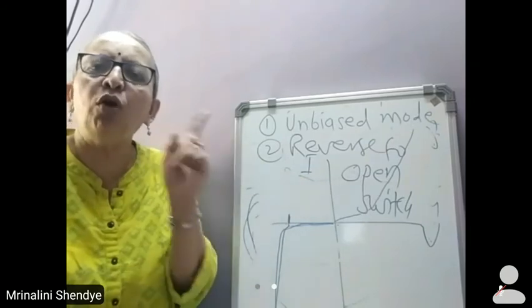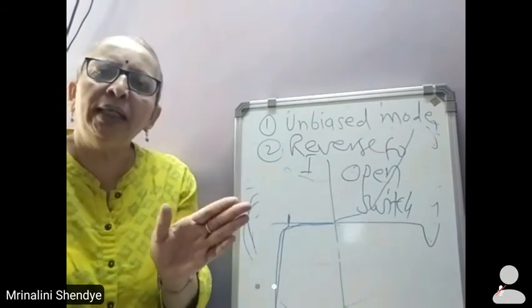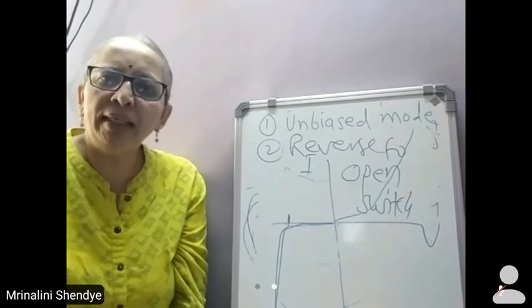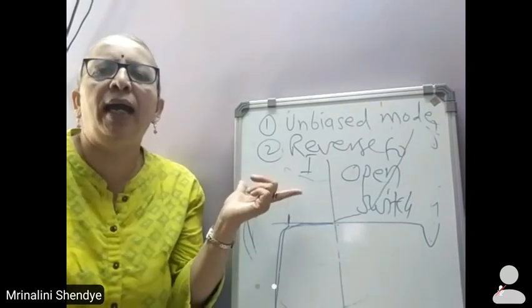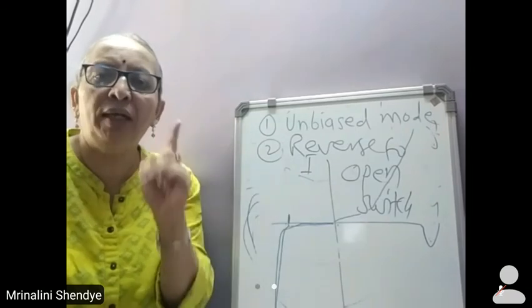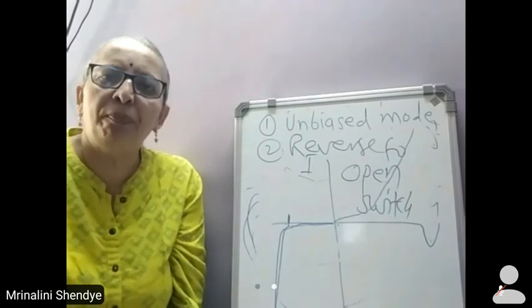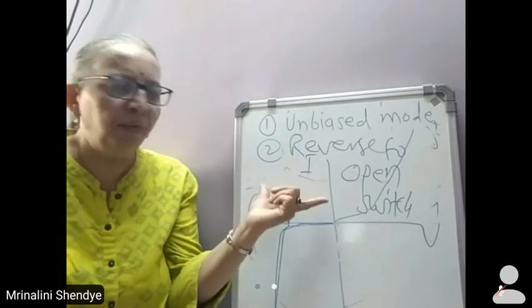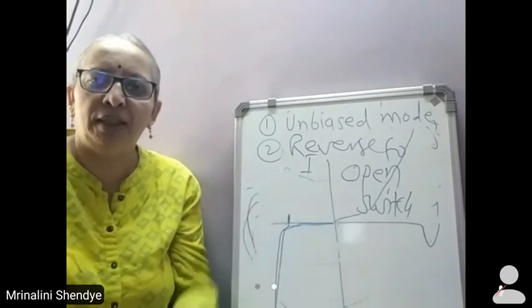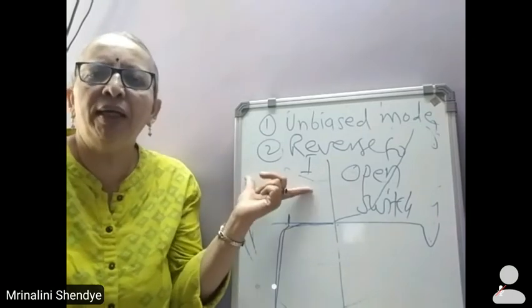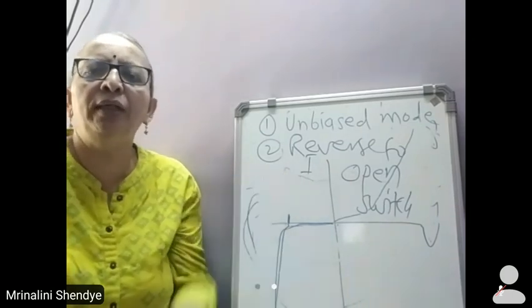This is not the only use, but it has a number of peculiar properties, and it is very interesting to study these properties and is the fundamental of the electronics branch. इलेक्ट्रॉनिक्स डिवाइसेस जो डिजाइन किए जाते हैं उनका फंडामेंटल है पीएन जंक्शन. It's very interesting to study the behavior of this PN junction.